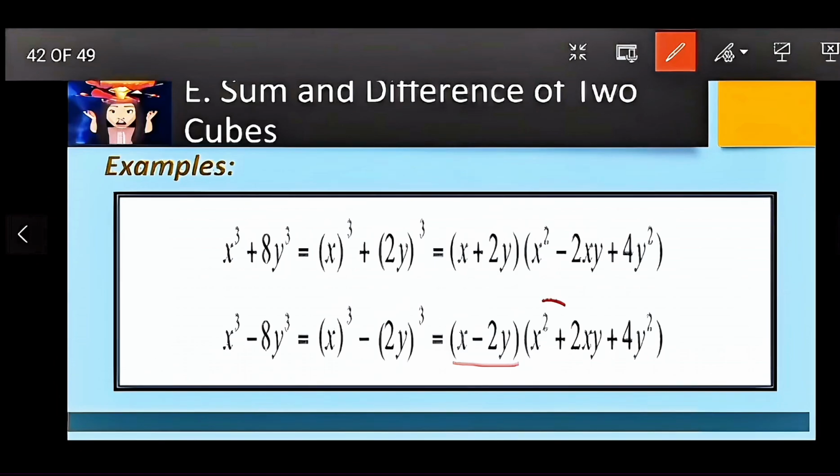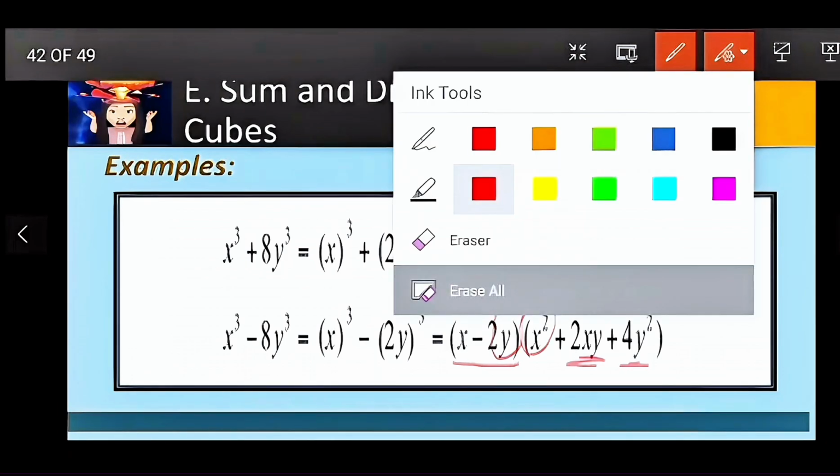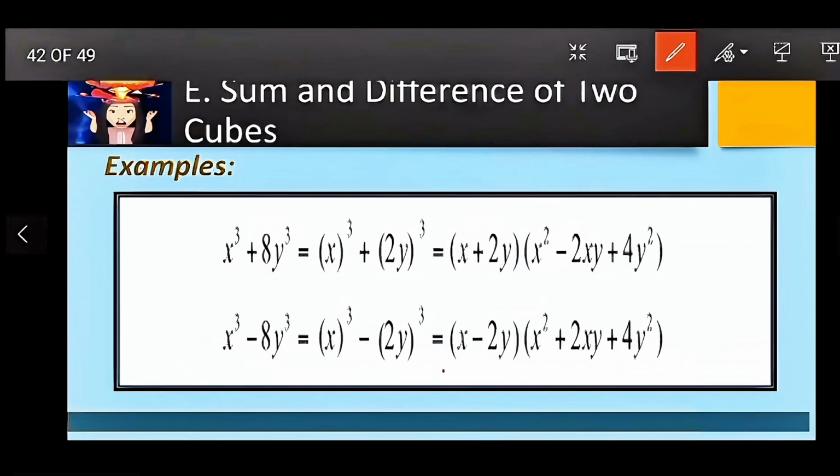So we need to square the first term and add the product of our first term and second term, which is plus 2xy, and square the last term, which is 4y squared. So the factors of x cubed minus 8y cubed is x minus 2y times x squared plus 2xy plus 4y squared.